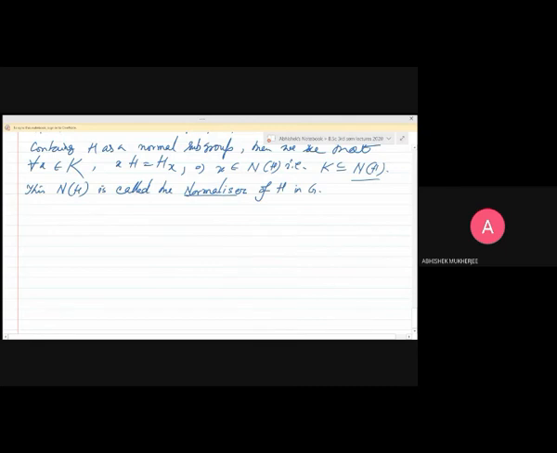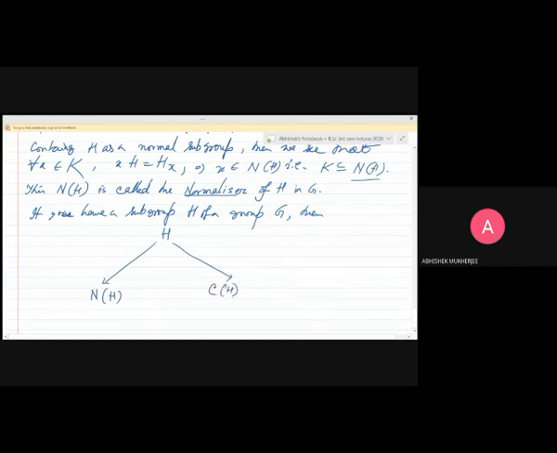So if you have a subgroup H of a group G, then H will give you a normalizer and a centralizer.